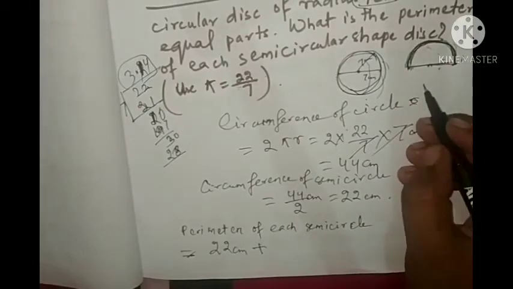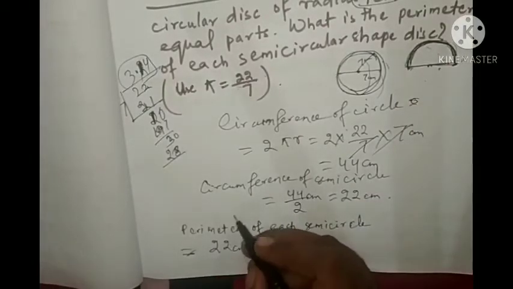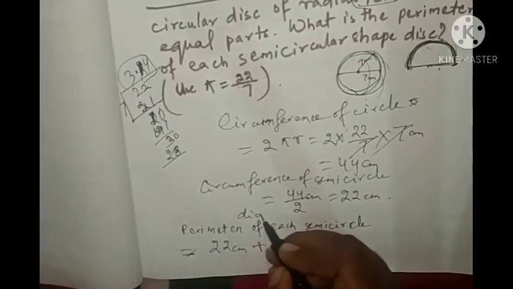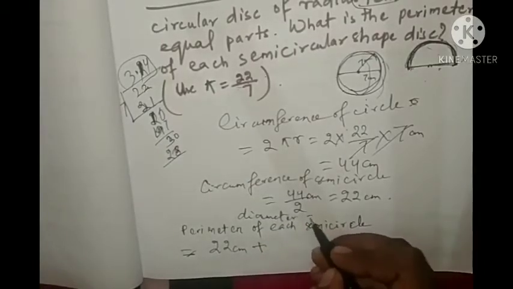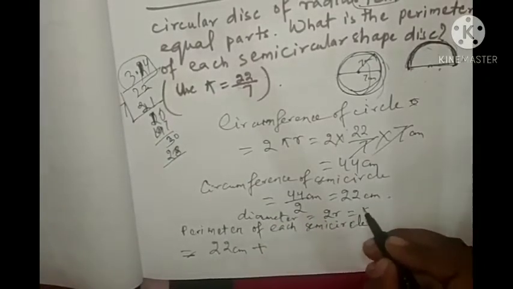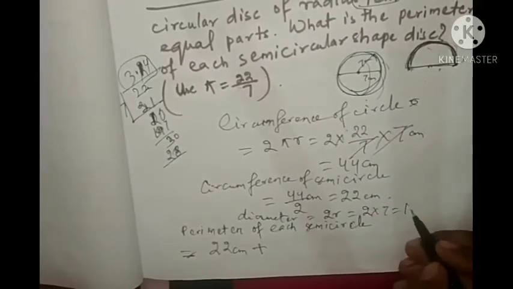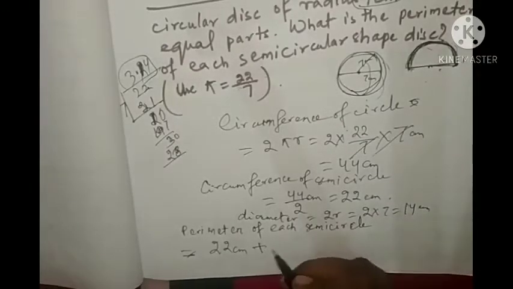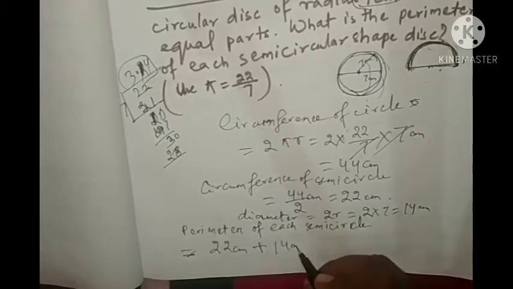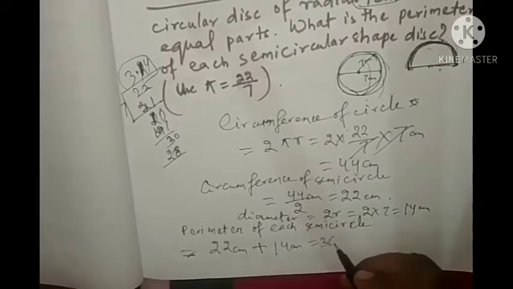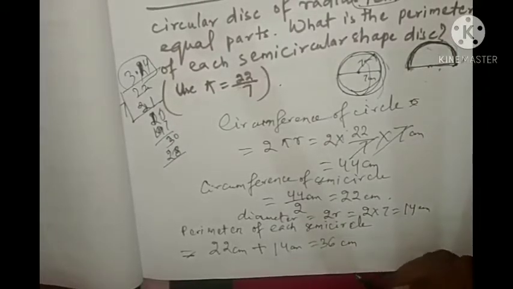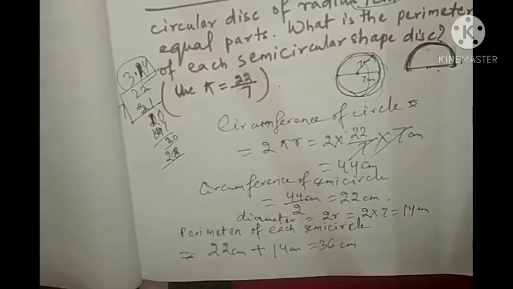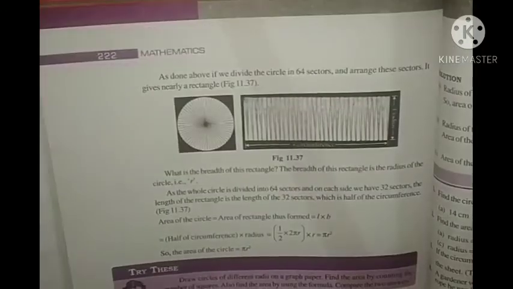If radius is 7, diameter equal to how much? Diameter equal to 2r, equal to 2 into 7 equal to 14 centimeter. So you will write here 14 centimeter. How much did you get? 36 centimeter. So this is the solution of example 16.